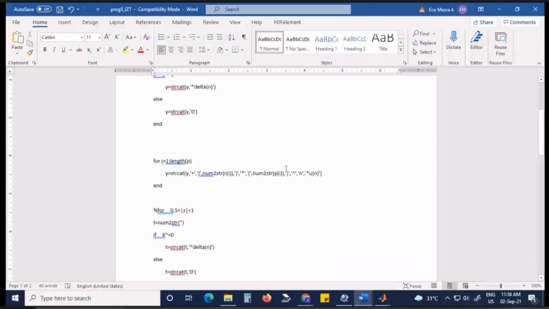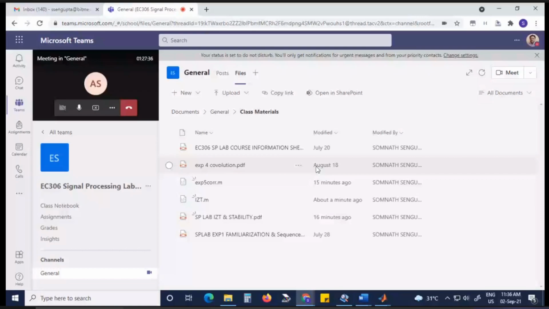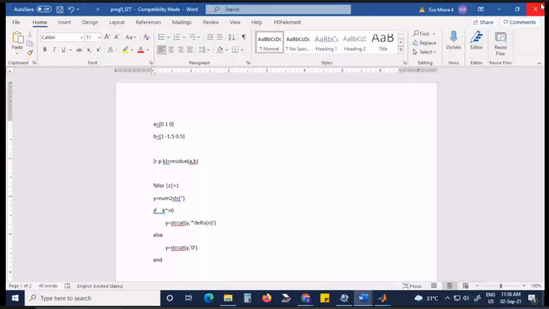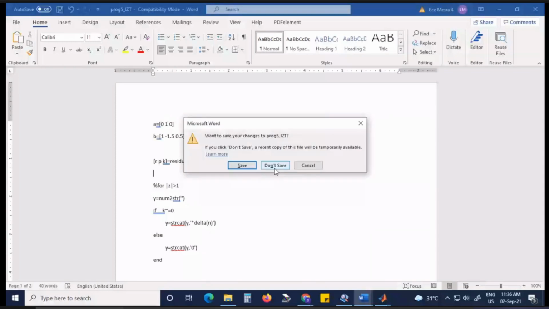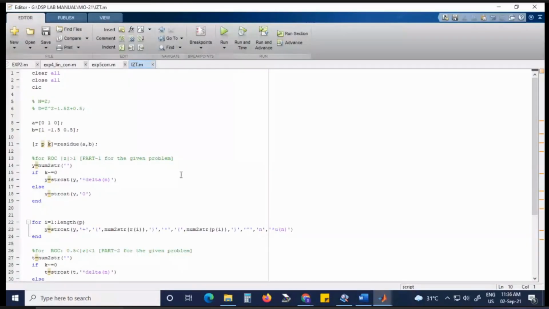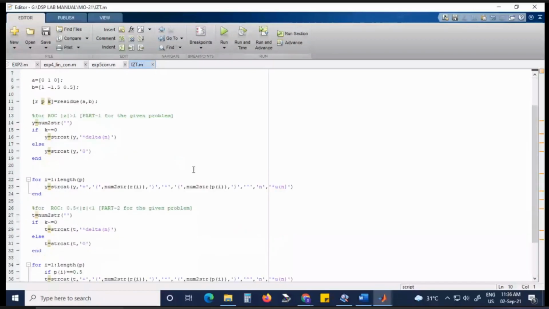You can make it more generalized. And its output is what?